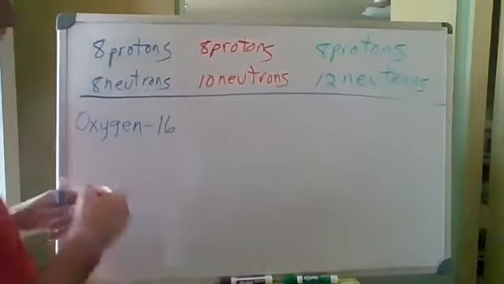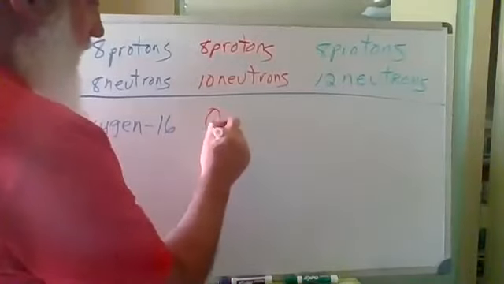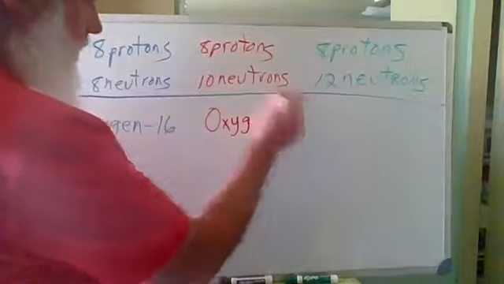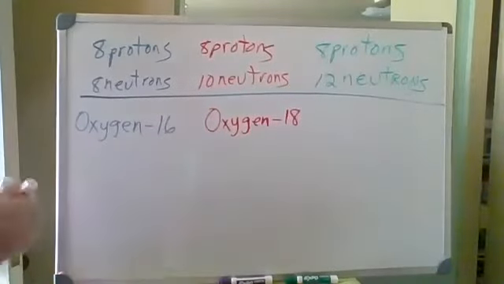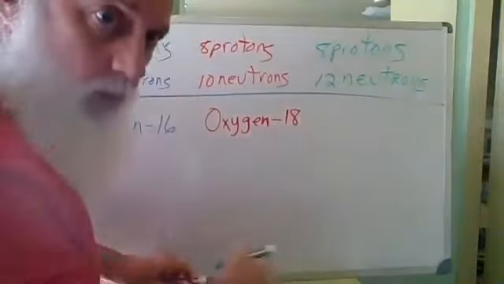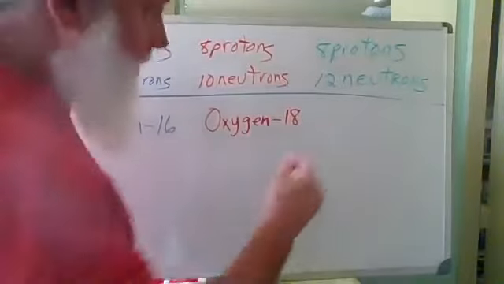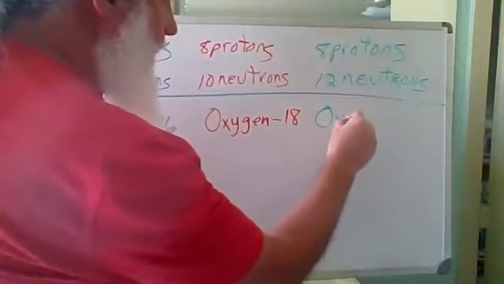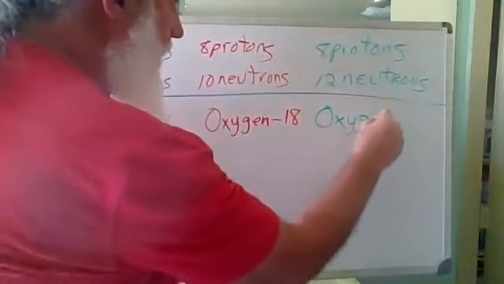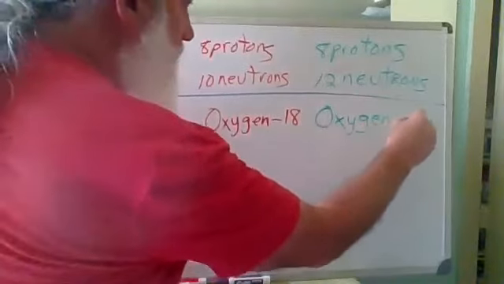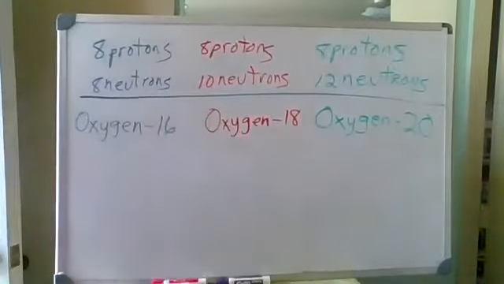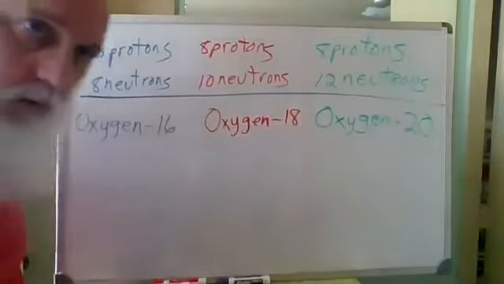This one would be oxygen-18. And finally, the last one in green, oxygen-20. 8 plus 12 is 20, protons plus neutrons. Okay?